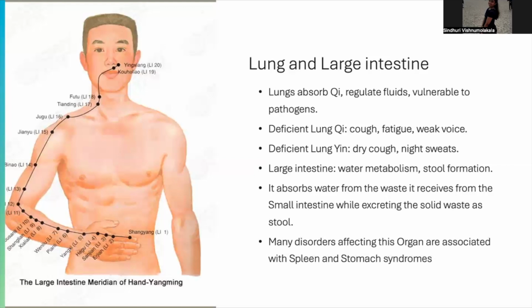Now, the small intestine absorbs water and nutrients from the food and separates nutrients and waste, and sends the waste to the large intestine. And now this large intestine excretes solid waste as stool.